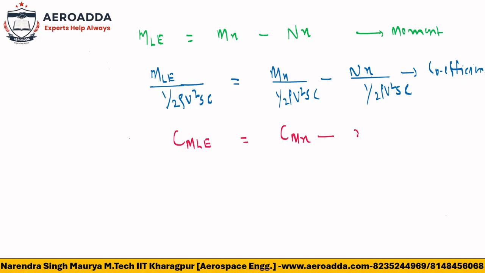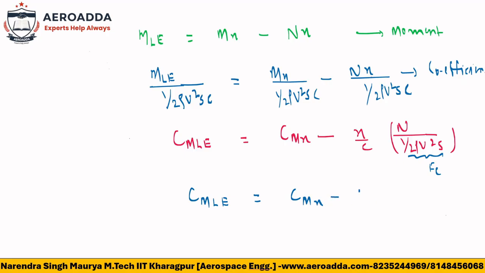X by C I can take outside, X by C into n over half rho V square S. Again you see this part: n is the normal force, and half rho V square S is the equivalent force Fe. So again this expression, one more line: CMX minus x by c into n, which is the force divided by the equivalent force.